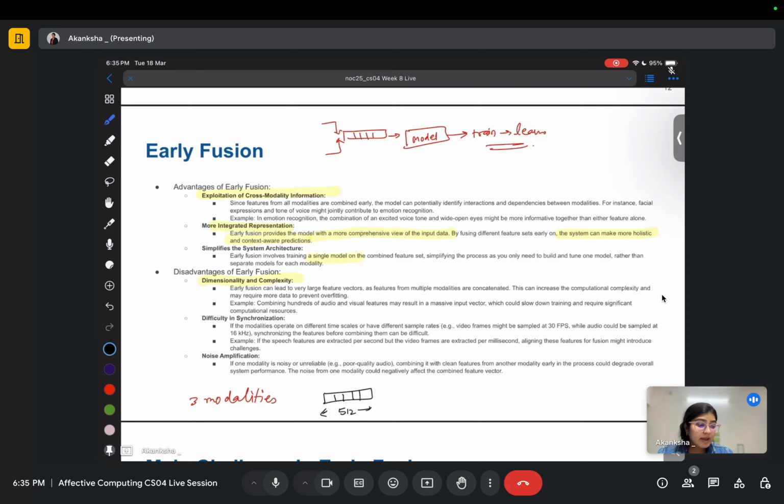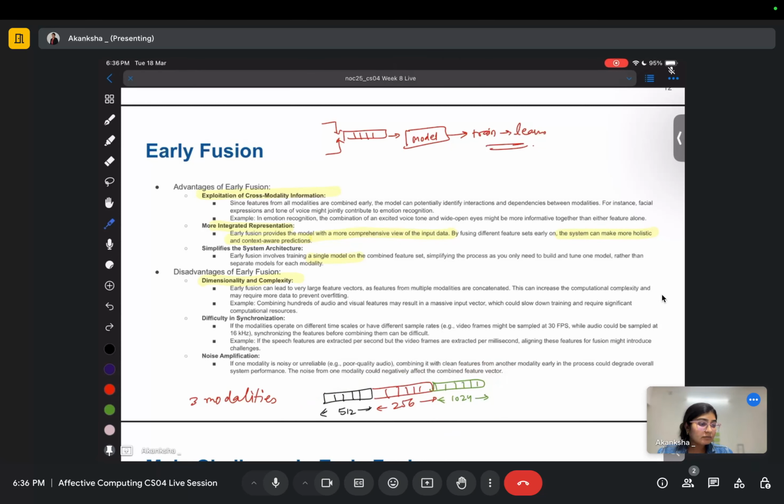Now, in addition to this, I also have another, let's say, 256 dimensional vector, and let's say the third modality is represented using this color. Let's say this is 1024. So now the dimension of the data has increased significantly.